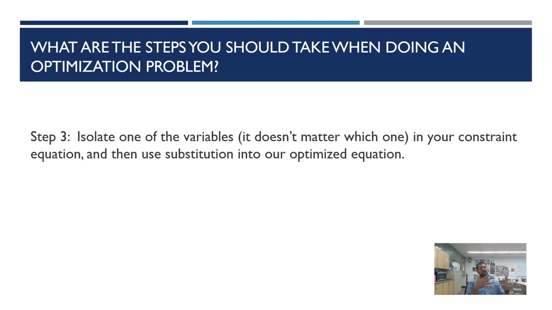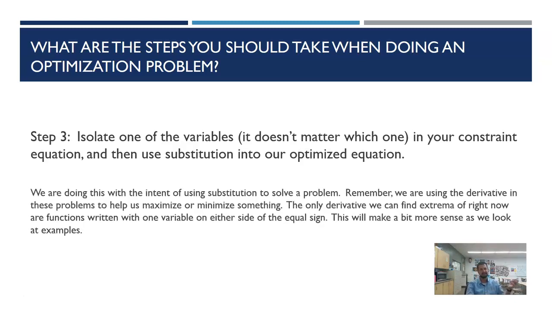They have 3 variables or 4 variables, and although there are methods that exist to take the derivative of those types of equations, we don't know how to do that yet. And so what we're trying to do is minimize the number of different variables that exist in the equation that we are trying to optimize, okay?